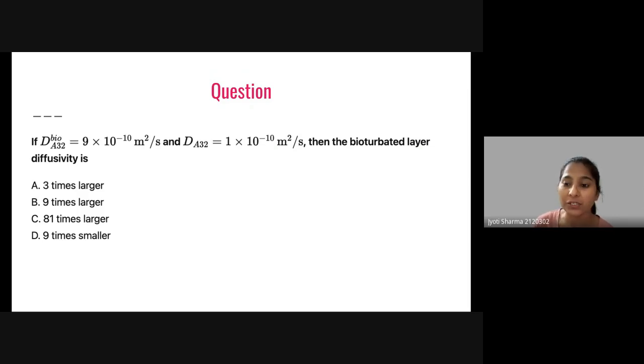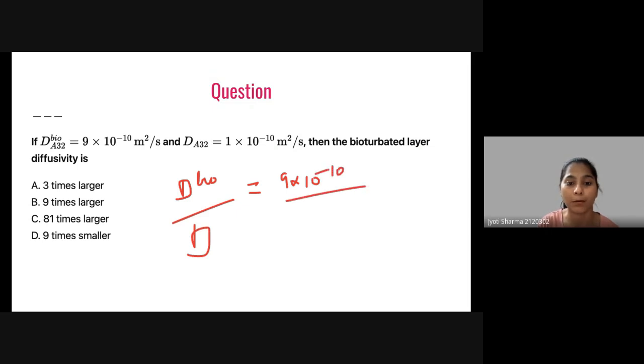Normally we just need to get the ratio, diffusivity ratio, bio over normal diffusivity. So this is 9 multiplied by 10 raised to power minus 10 over 1 multiplied by 10 raised to power minus 10. This will cancel out.